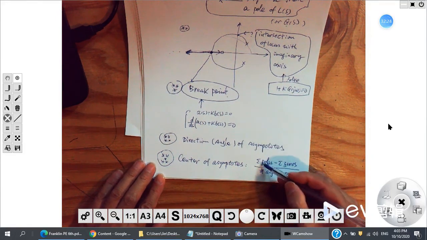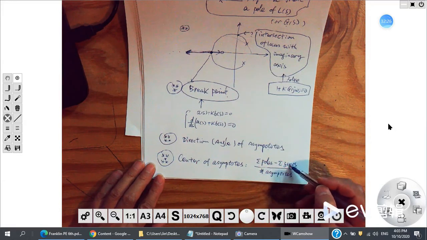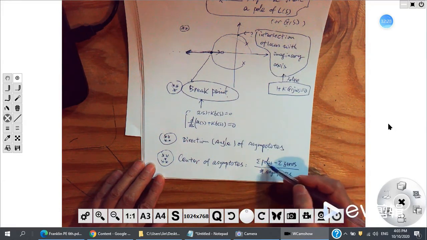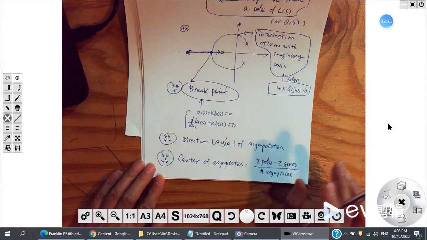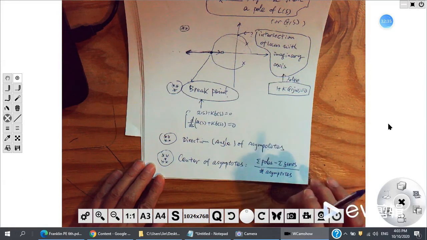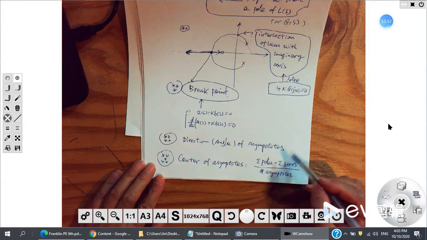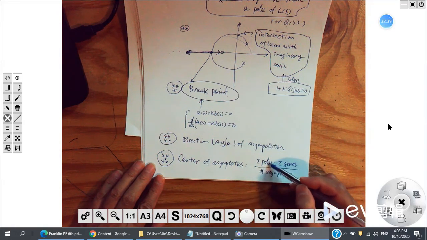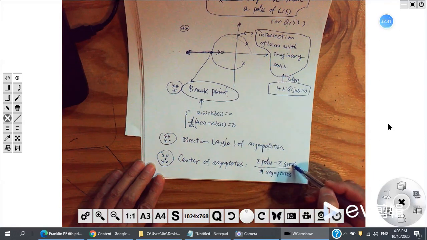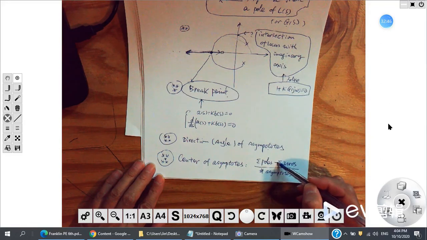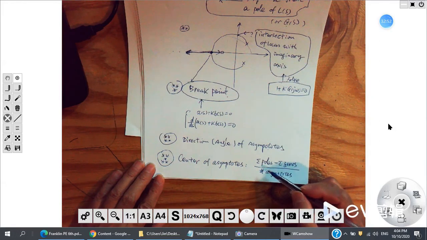When you calculate the summation of poles and zeros, you can just use the real parts, because the imaginary parts will definitely cancel each other. Then you get the value of the center.